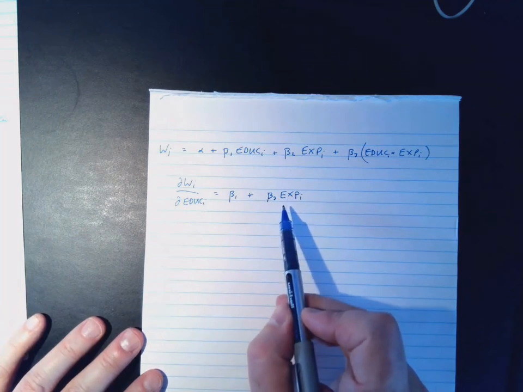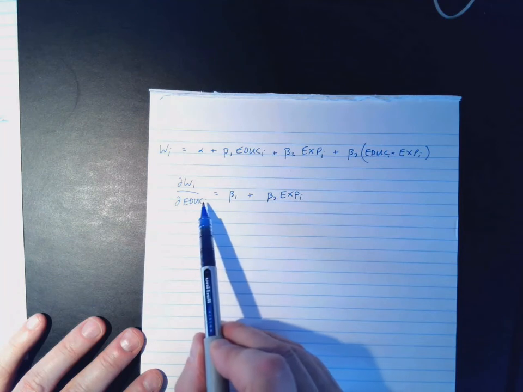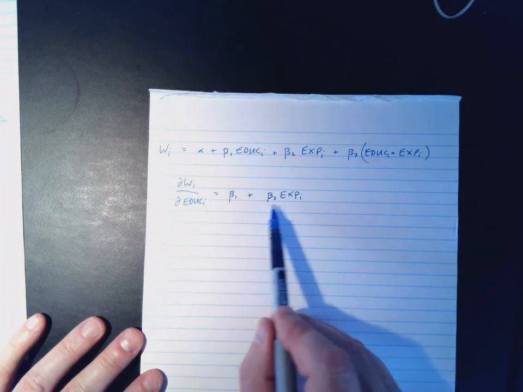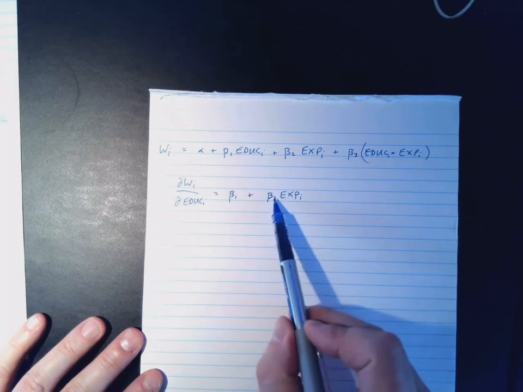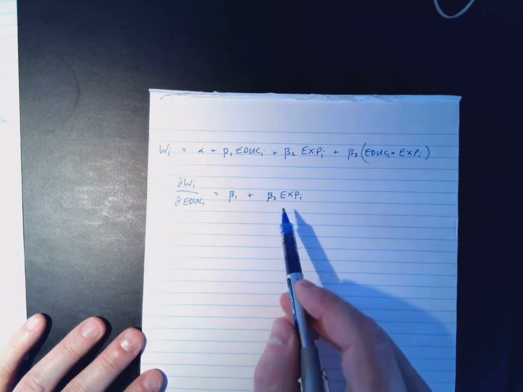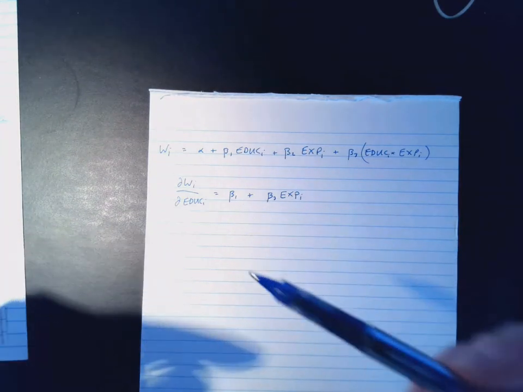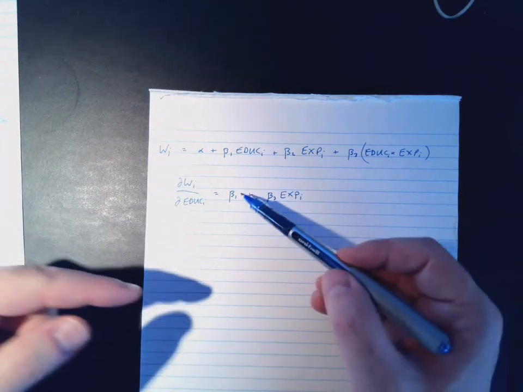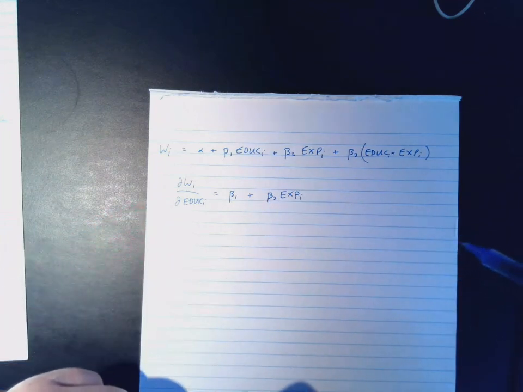So what is that giving us? What that's saying is that the payoff to education is different depending on the amount of experience you have. So if beta 3 is not equal to 0, let's say if beta 3 is positive, that means that as a result of having more education, not only do you get more wages, but you get a faster payoff from additional experience.